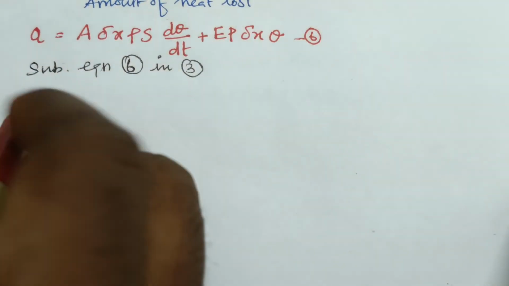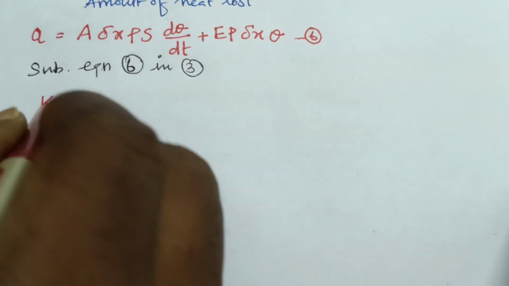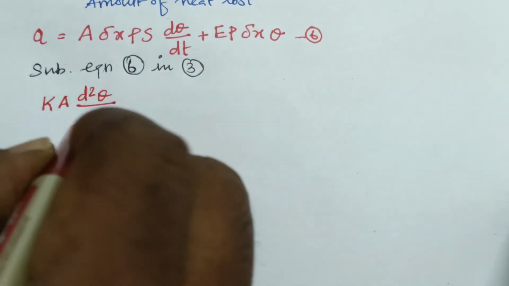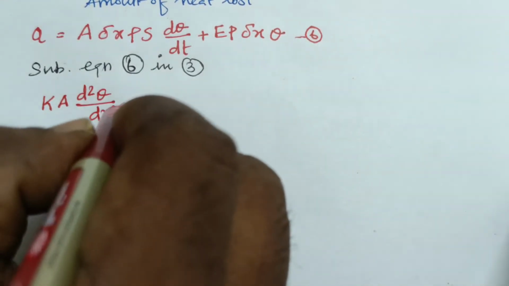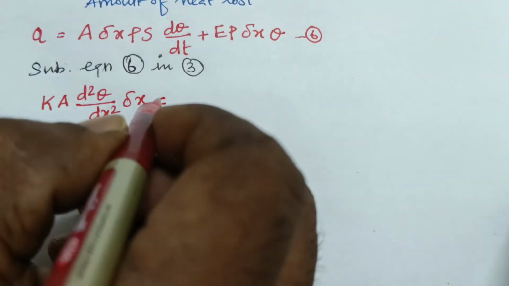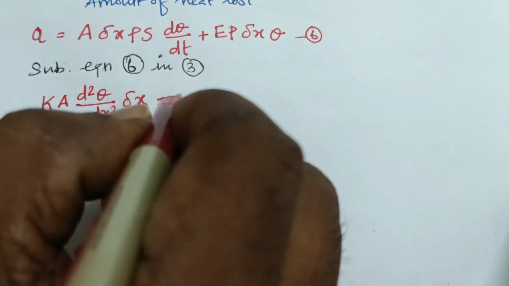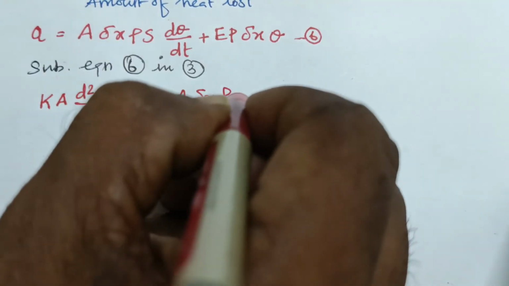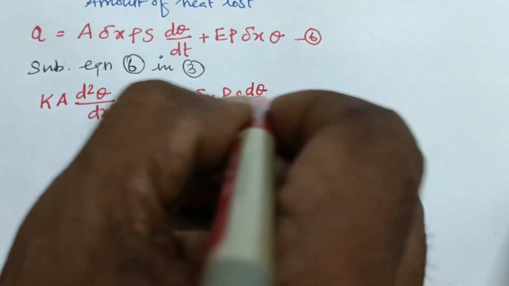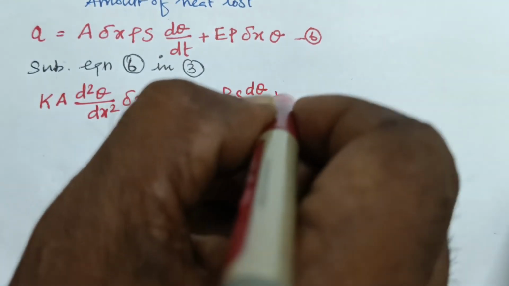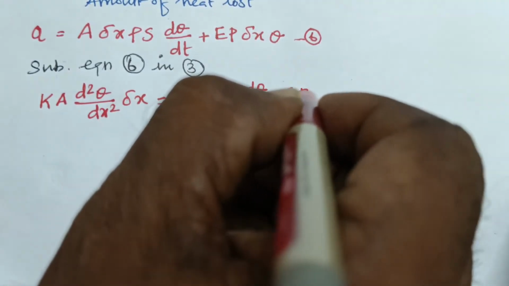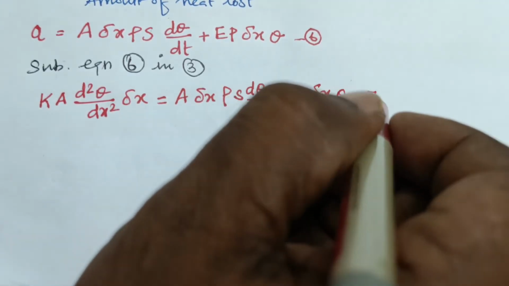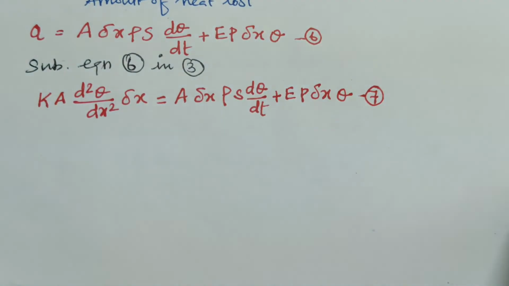That is, K A d square theta by dx square into del x equal to A del x rho s d theta by dt plus E P del x theta. This is equation number 7.